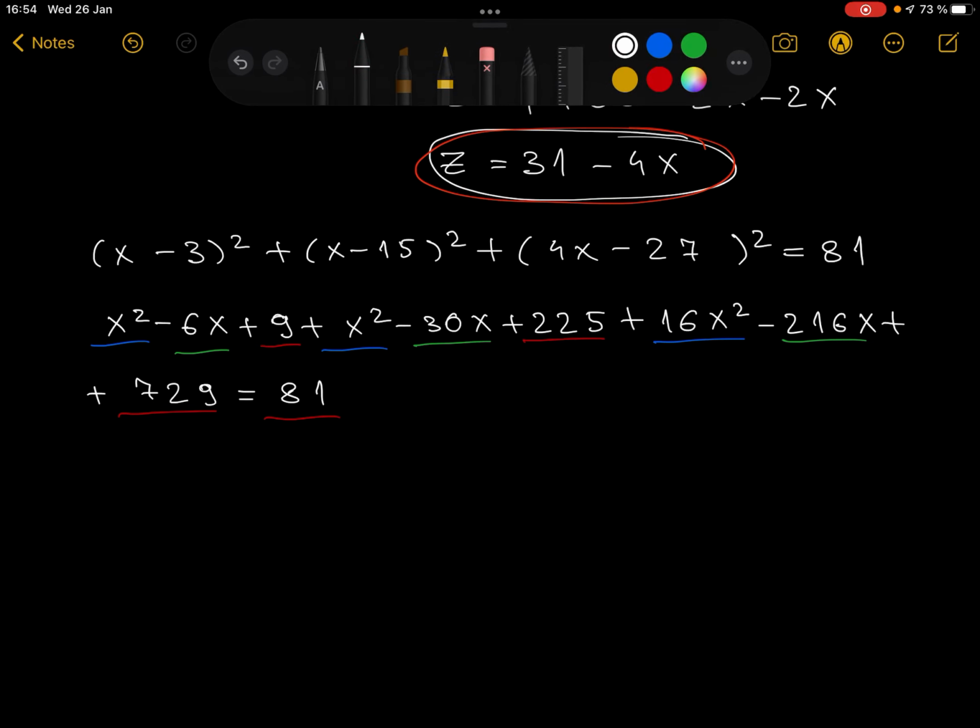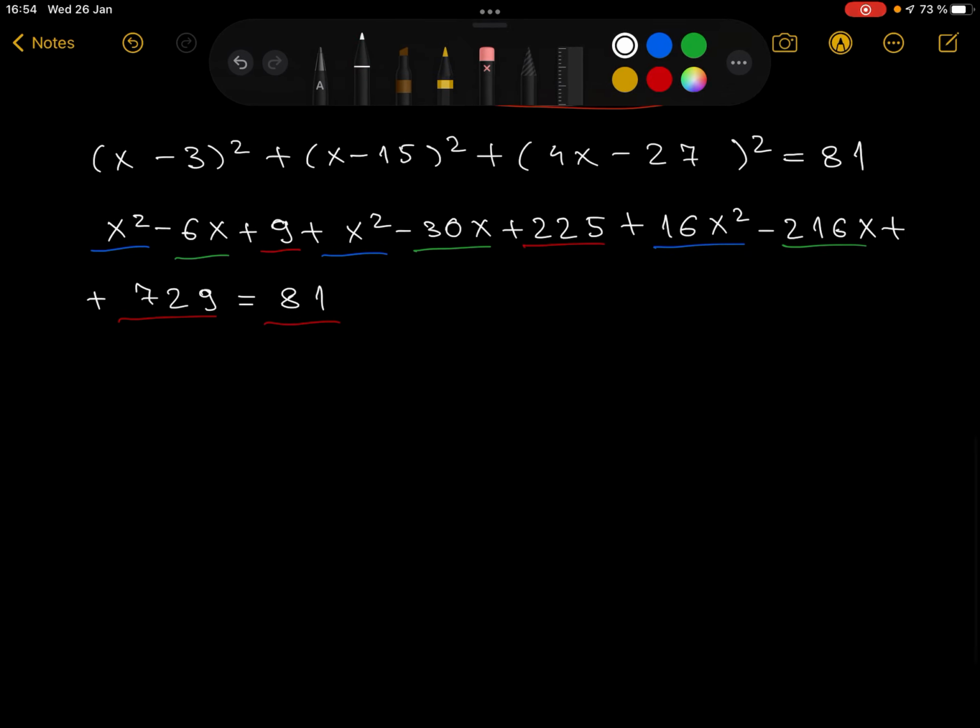Okay, x squared. Now we can rewrite this as x squared plus x squared plus 16x squared, that's the same as 18x squared, minus 36x minus 216x, which is the same as negative 252x.